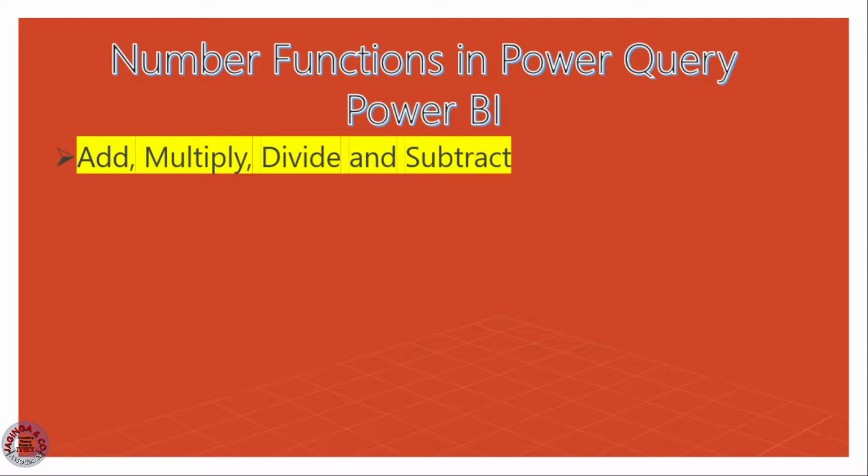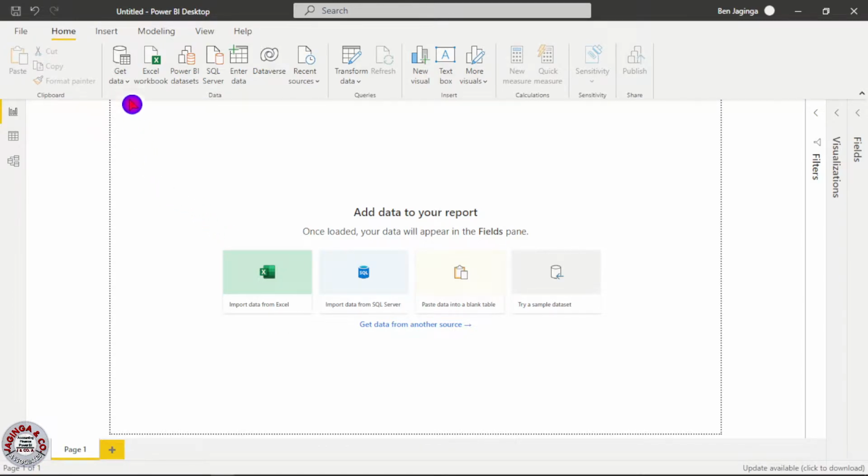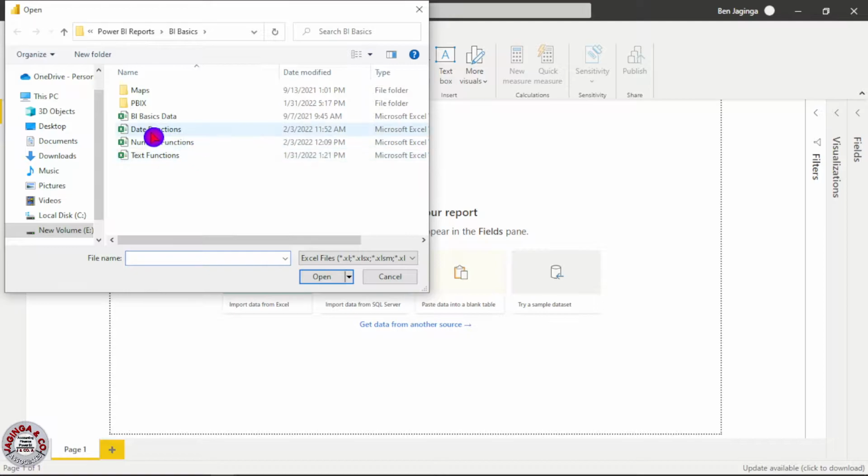So let me just take you to Power BI. Here we'll get data, then I will choose number functions.